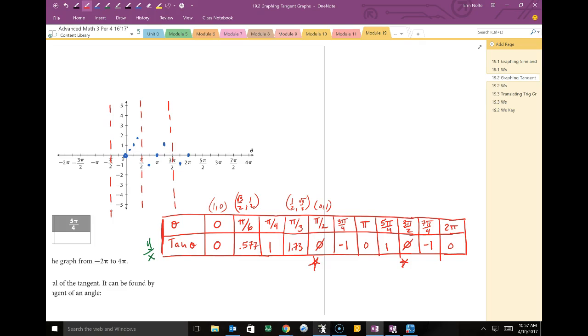It's actually every 180, so every pi units. Okay, so it occurs every pi units. So make sure that you draw a vertical asymptote at a negative pi over 2 and one at a positive pi over 2, and then you can go as far as drawing another one at 3 pi over 2. Okay, so your John Travoltas are going to exist in between each of these vertical asymptotes.